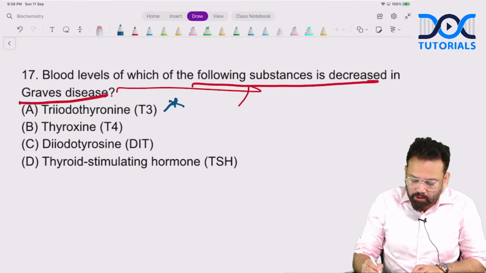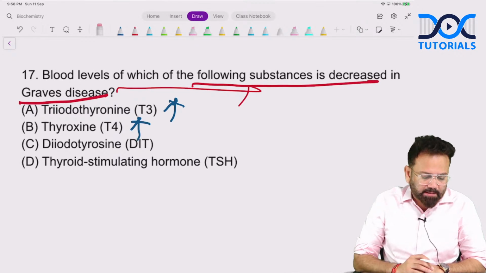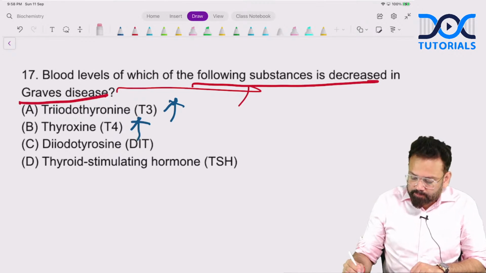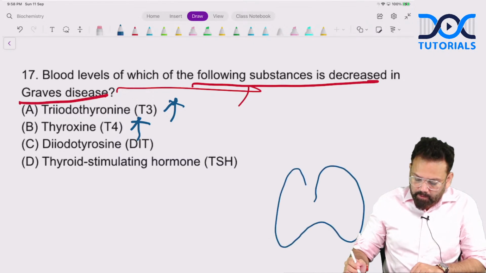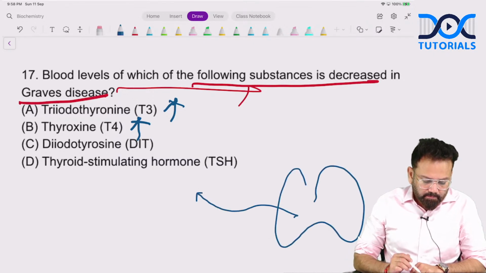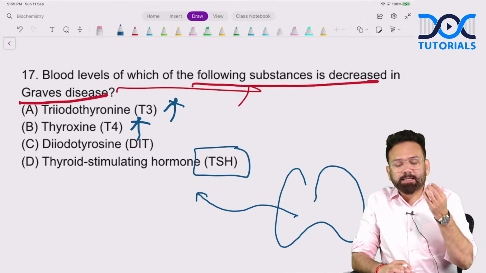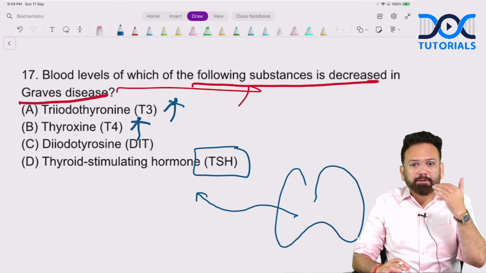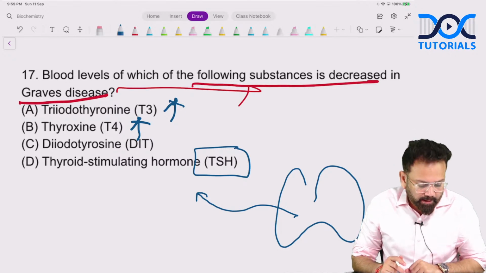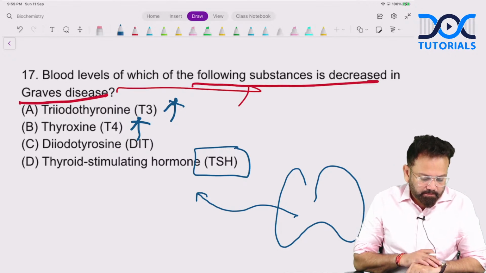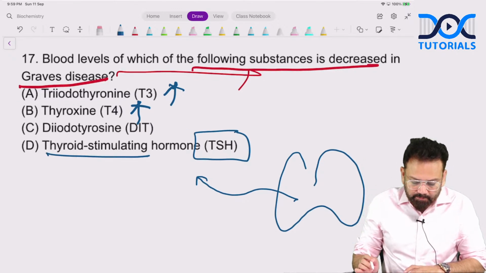T3 will be more, T4 will be more. What is less? Yes, TSH will be less. If TSH is less, it is hyperthyroid. If TSH is more, it is hypothyroid. Very simple. So the answer is D.